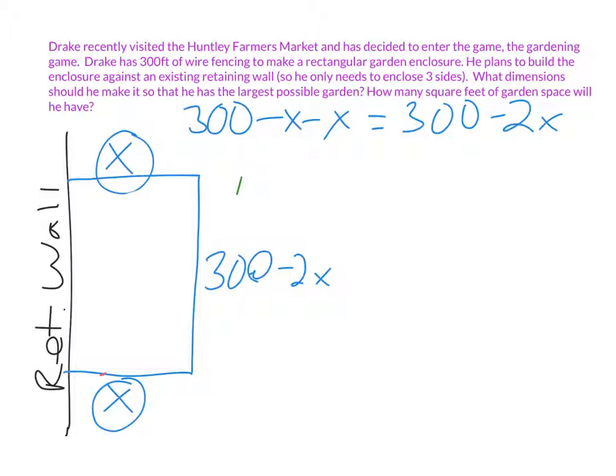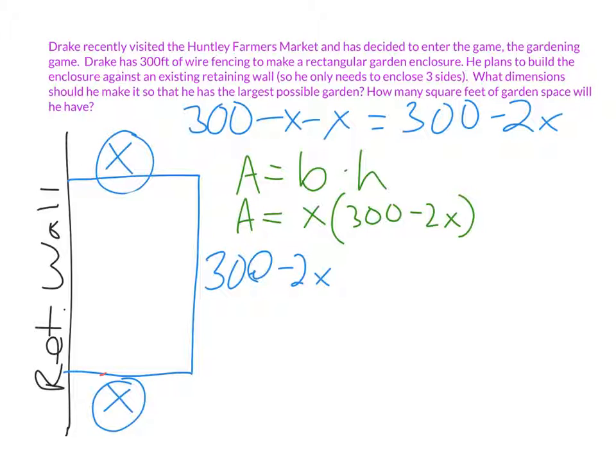Well, area is equal to length times width, or base times height, or whatever. I like base times height best. Base times height. Okay. Well, let's just say my base is my x, and my height is my 300 minus 2x. I'm just multiplying my 2 dimensions together to get my area.